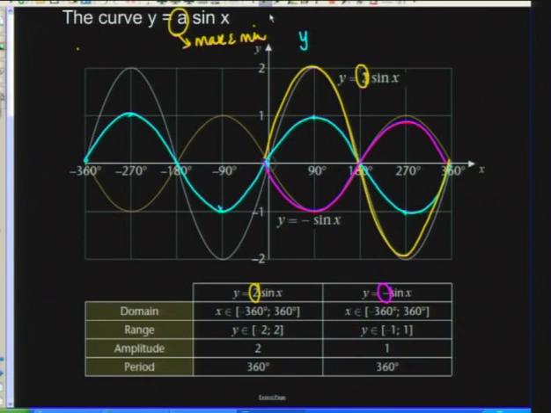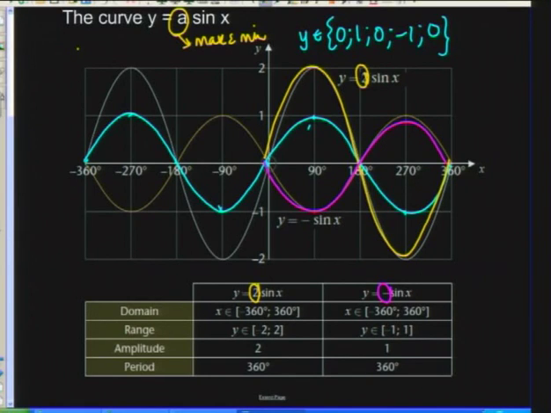They would be 0, I go to 1, I go back to 0, I go to -1, and I go back to 0. So my quadrant angles, 90, 180, 270, 360, have these critical maximum, minimum, and 0 values.